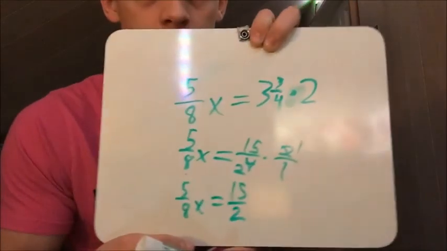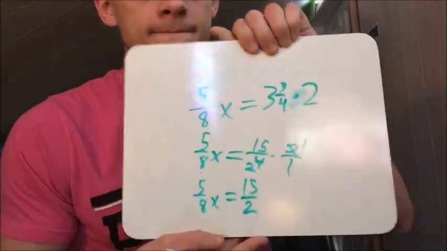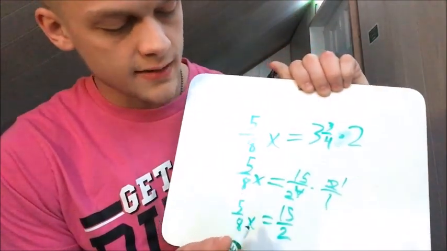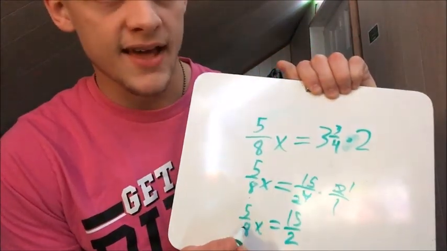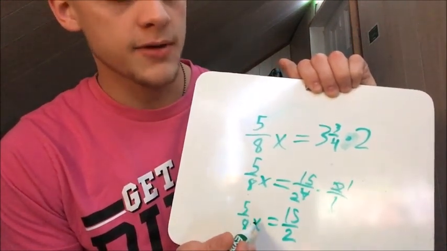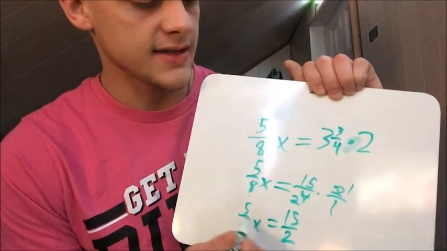Okay, so you see what we've done so far. Once we get to here, we're multiplying 5/8 times x. So if we divide both sides by 5/8, that's going to get rid of 5/8 on this side. If you divide a fraction, you just multiply by the reciprocal.